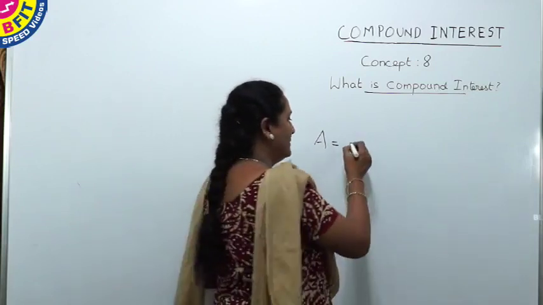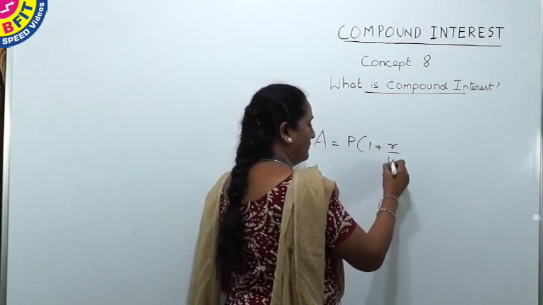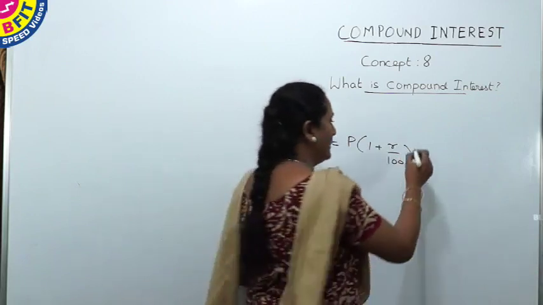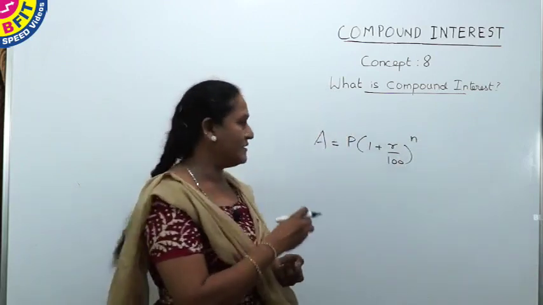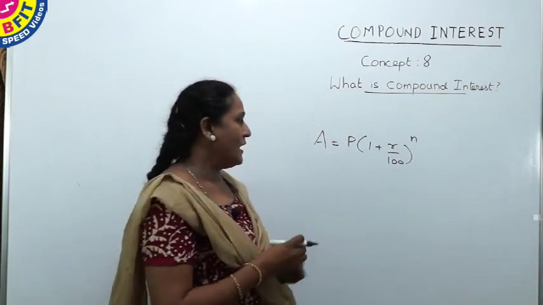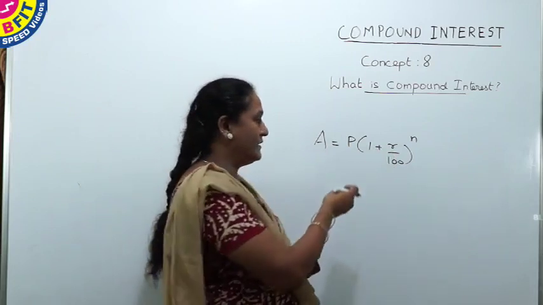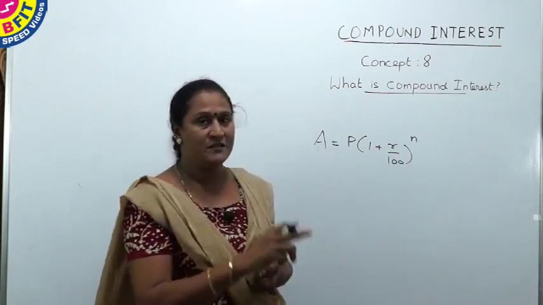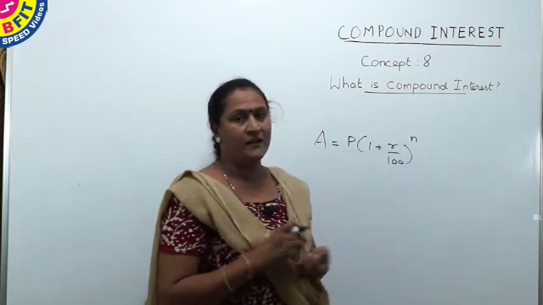So amount is P into 1 plus R by 100 whole power N. P is the initial value, that is the amount which we invest, and 1 plus R by 100 is the change factor, based on the rate percent. If it is multiplied, then for the next year the increased principal will get the increase, and N is the number of years.